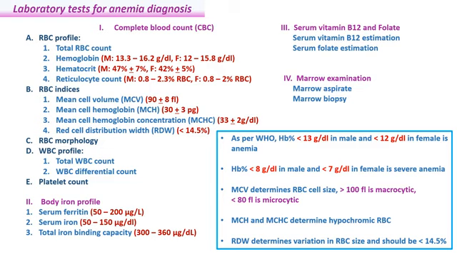When it is more than 100 femtoliter, it is macrocytic RBC, but when it is less than 80, it is microcytic RBC. Mean corpuscular hemoglobin and mean corpuscular hemoglobin concentration determine hypochromic RBC. Red cell distribution width determines the variation in RBC size and it should be less than 14.5%.